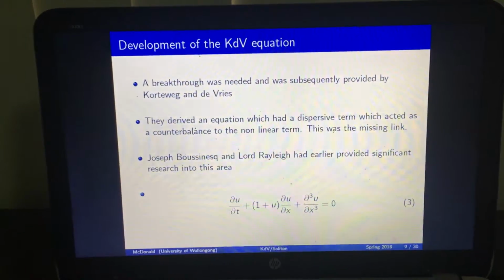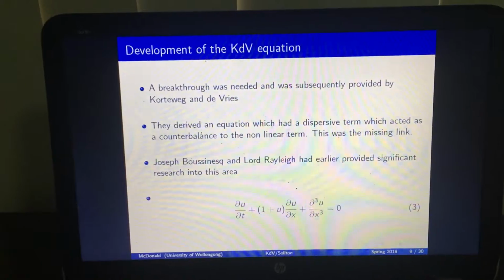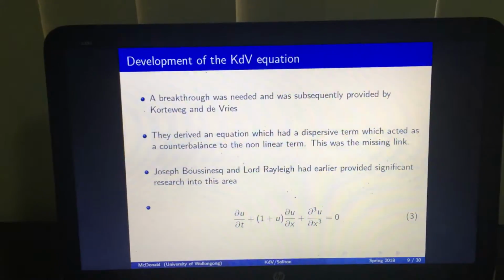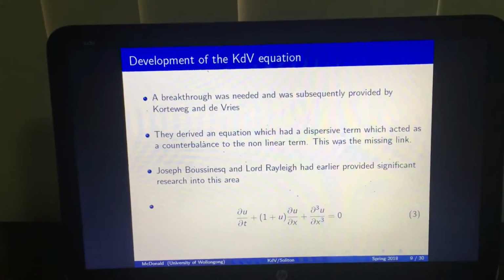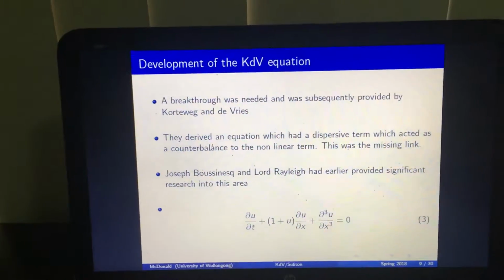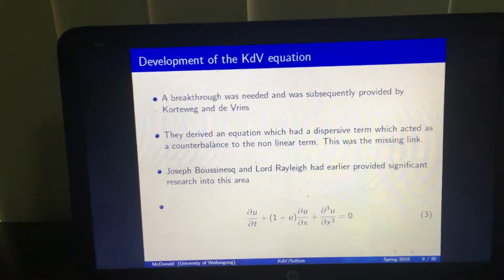And this was quite important. Joseph Boussinesq and Lord Rayleigh had earlier provided significant research into this area. And dispersion is the tendency of a wave to spread out.